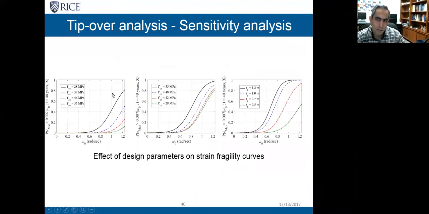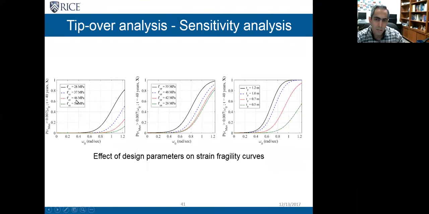The metamodel was also used for sensitivity analysis, and in these plots I'm showing how the response reacts to variations in the compressive strength of the concrete in the overpack, and also pad parameters.